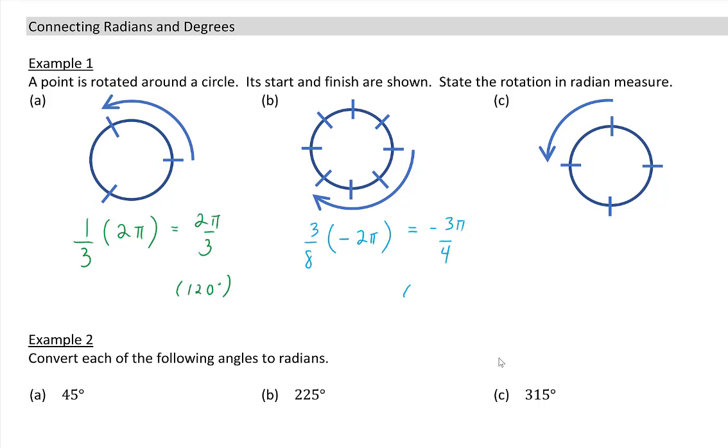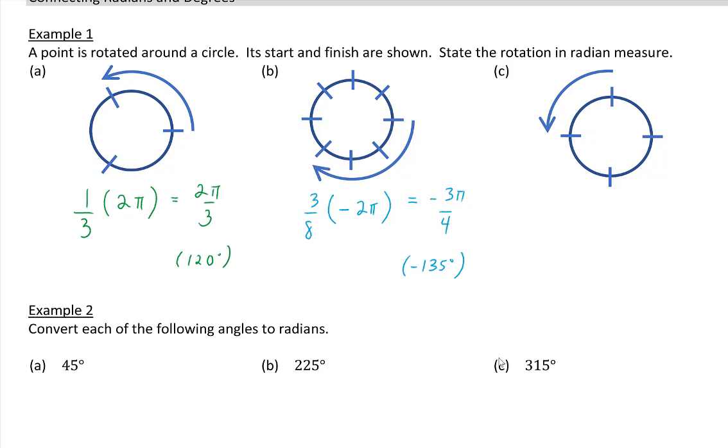And in terms of degrees, that would be minus 135 degrees. And for our last circle, we're moving 1/4 of the way around the circle in a positive rotation. A full circle has 2 pi radians, so 2 pi over 4 is equivalent to pi over 2 radians, which is equivalent to 90 degrees.